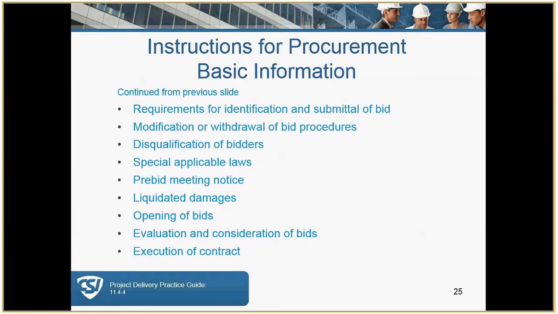Out of all the sections of the specifications, this is the one that you really need to spend the most time on, because nothing's more embarrassing than to be there at bid opening and have all the bidders, or a good portion of them, misread what your intention was.